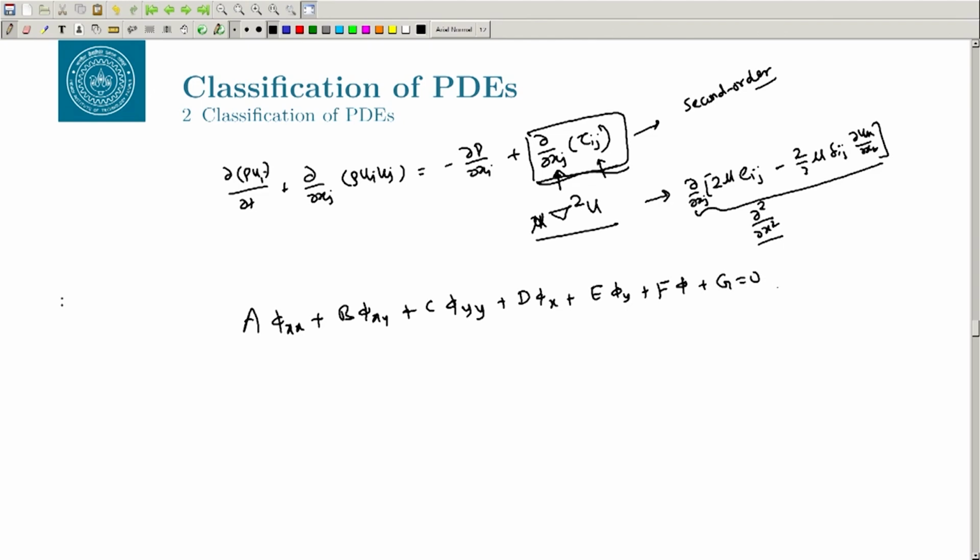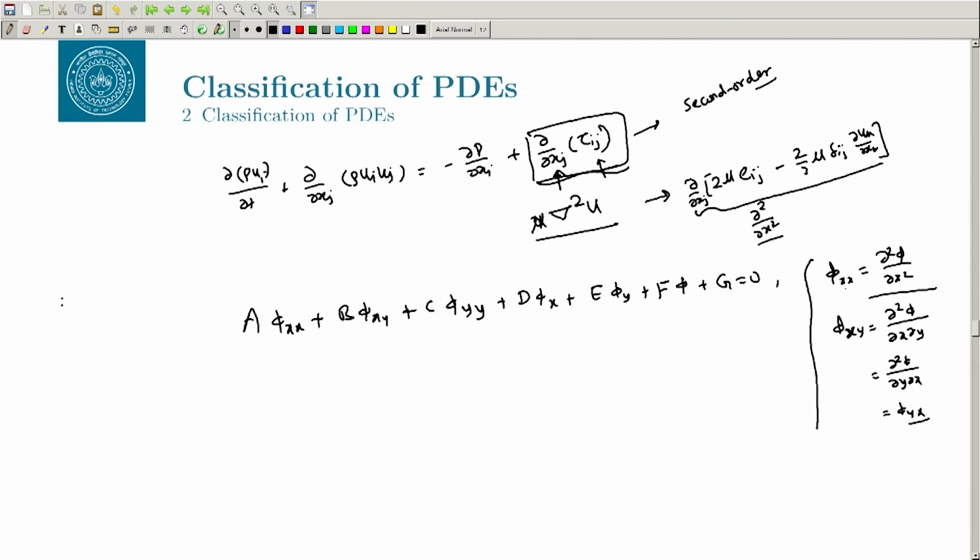As we have discussed earlier, phi_xx for example here means del 2 phi by del x square, okay. Phi_xy will mean del 2 phi by del x del y, which is nothing but del 2 phi by del y del x, which is nothing but phi_yx, okay, and so on and so forth, right.